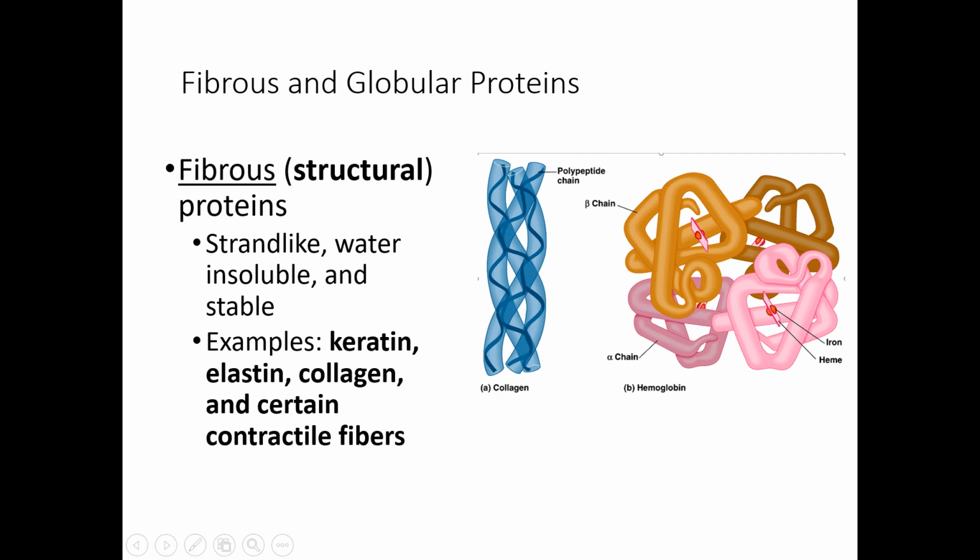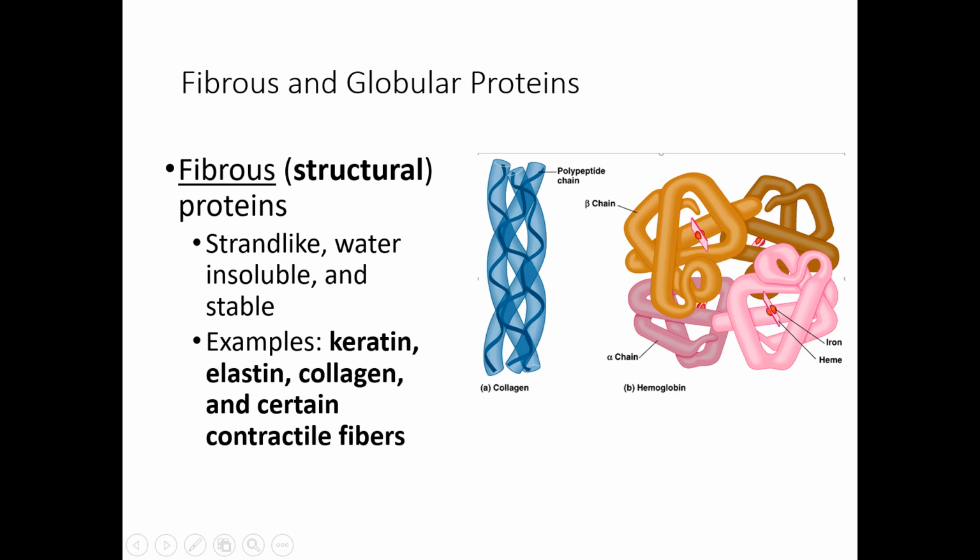There are 2 major types of proteins. One of them, made of twisted spirals, is called fibrous or structural proteins. Here it is in the picture. They're usually long structures, and they are water insoluble and very stable.